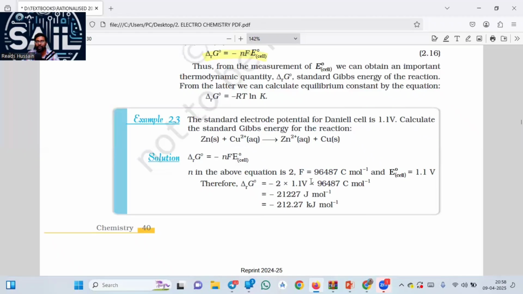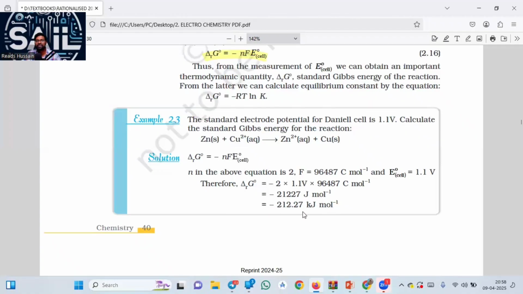If you multiply all these things, you finally get 21,227 joule per mole. This is the answer you get actually. And if you want to convert this into kilojoules, then divide it by 1000, then you get the answer in kilojoules.